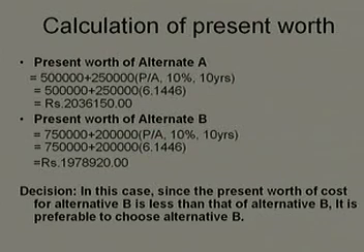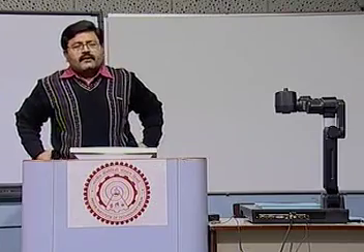So, just to summarize this method of analysis, what do you do? Step 1, draw the cash flow diagrams of both the alternatives. Step 2, calculate the net present worth or the total present worth in case a revenue dominated cash flow diagram is there.